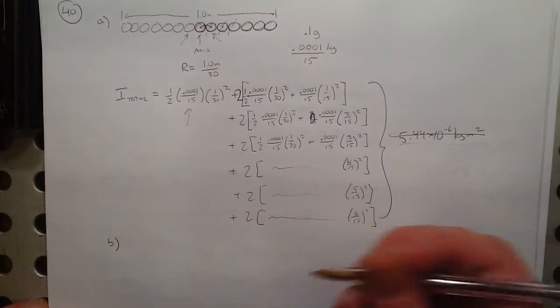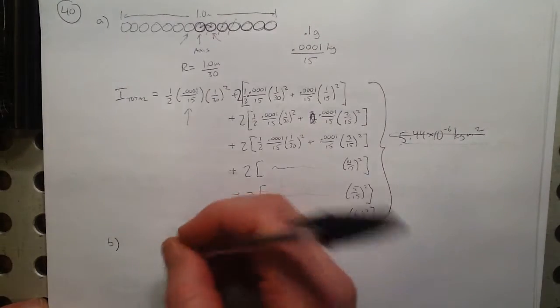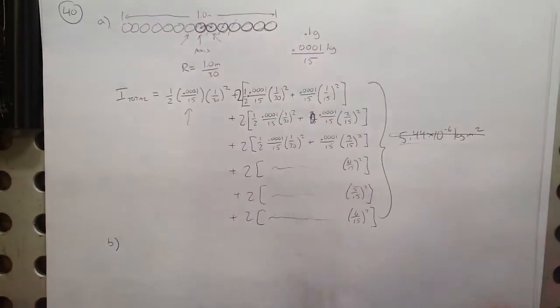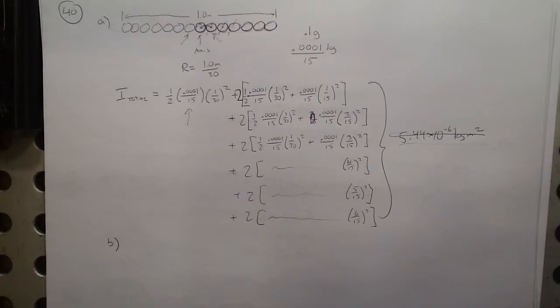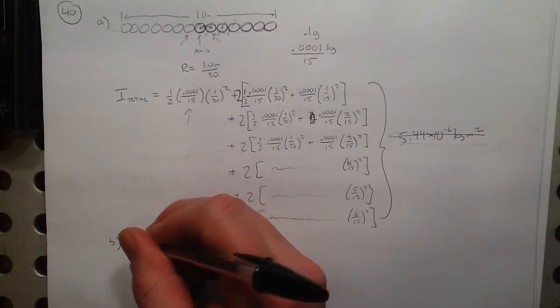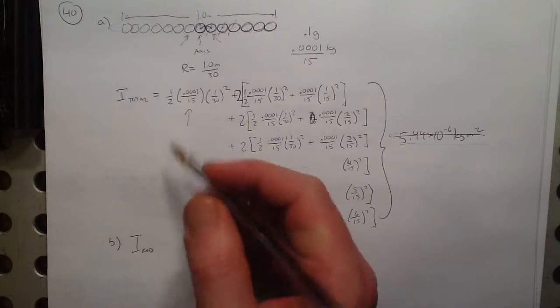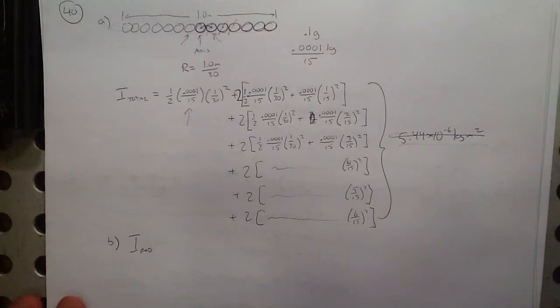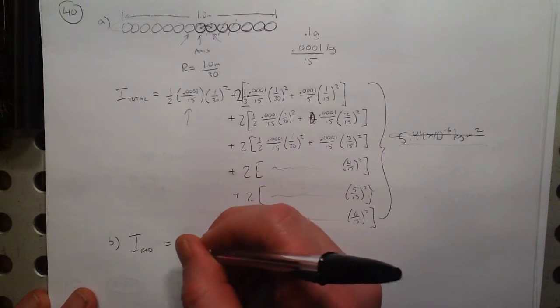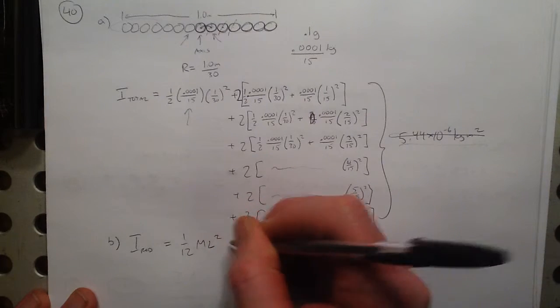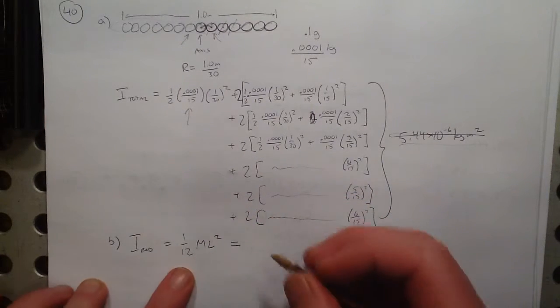they suggest, instead of doing this craziness, what if you just approximate this and say, you know what, all these disks glued together, it's basically like a rod, right? It's a little bit of a lumpy rod. But the moment of inertia of a rod about its center is just 1/12 ml squared. So wouldn't that be a lot easier?